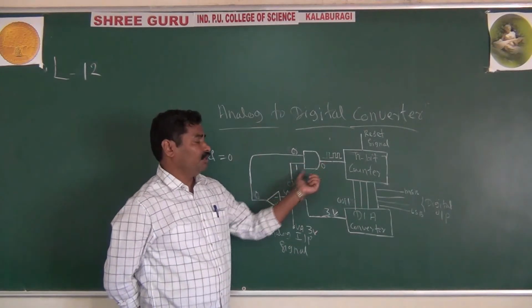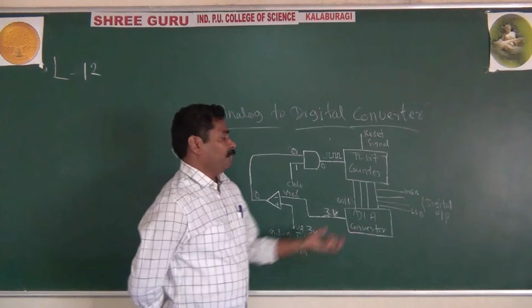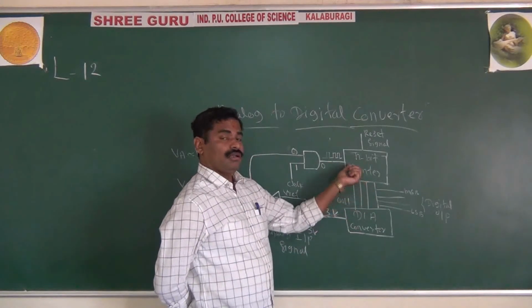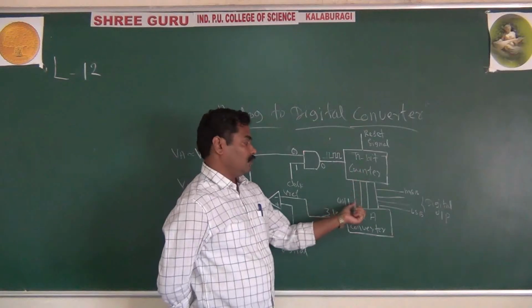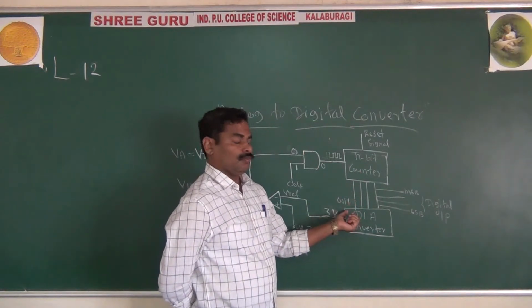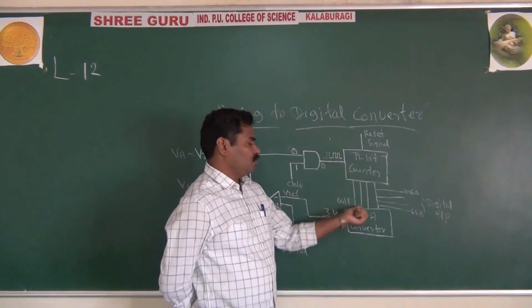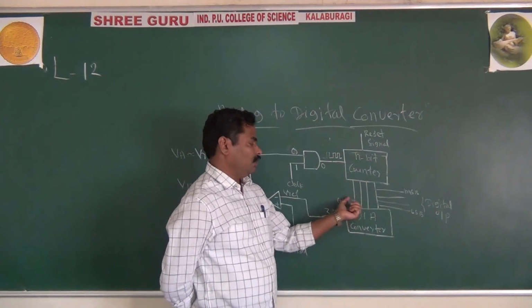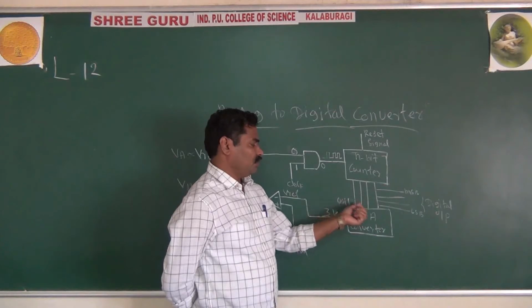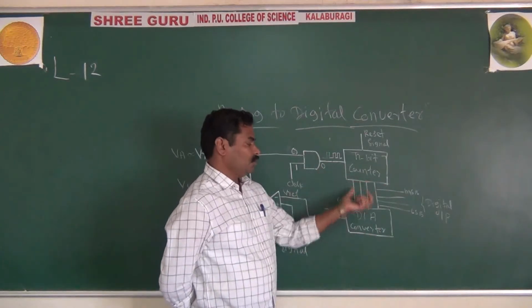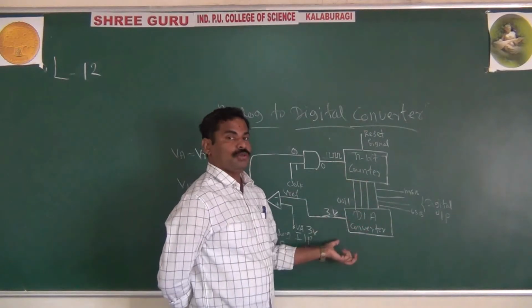That's why it's not giving the clock pulses, and the counter is also not counting them. Whatever the counter counted earlier is retained as it is, and further it is not counting any clock pulses because your AND gate is not active. That's why this overall process stops here.